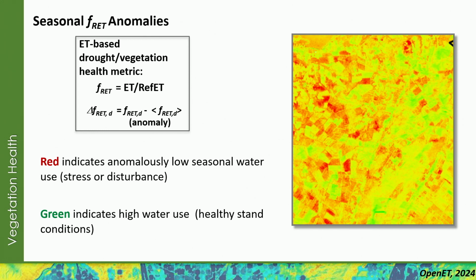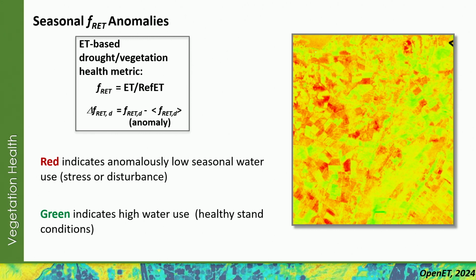With this ratio, when you have multiple years of ET data, for each day of the year you can calculate an average FRET. Then we treat that average FRET as the baseline. So whenever you have new data, for example today's data, I can compare it with this historical FRET for today.